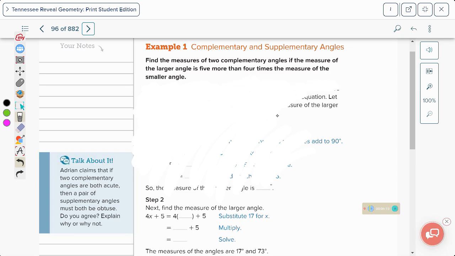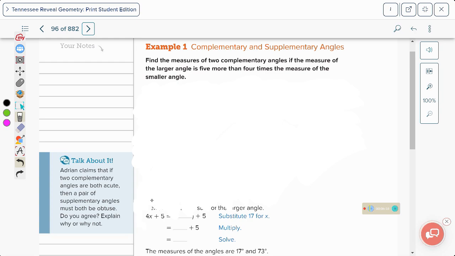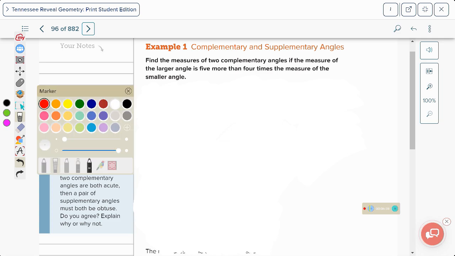There we go. But feel free in your textbook just to fill in the blanks as I solve. I'm going to solve it just like they did, but I'm just going to give me some room to work and to also take notes. Okay, that's a lot better. All right.